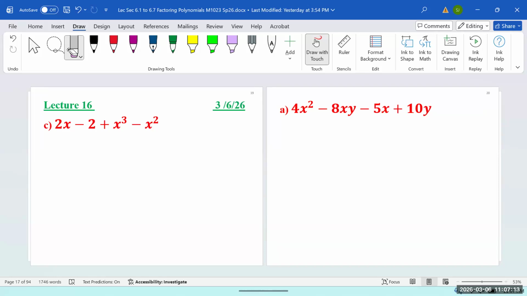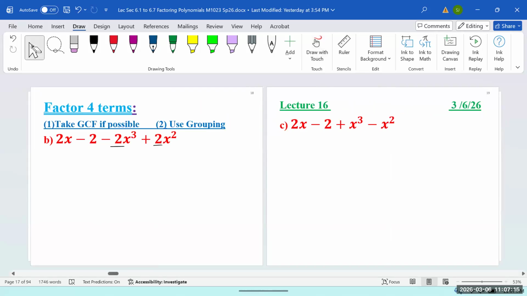The left one is a little bit harder, like more factoring. So I'll start with the right one because it is simpler. So when you look at C, there is no GCF that exists in all 4 terms.